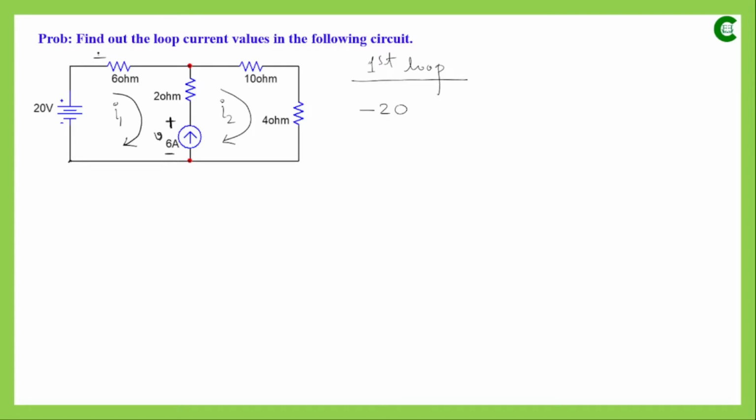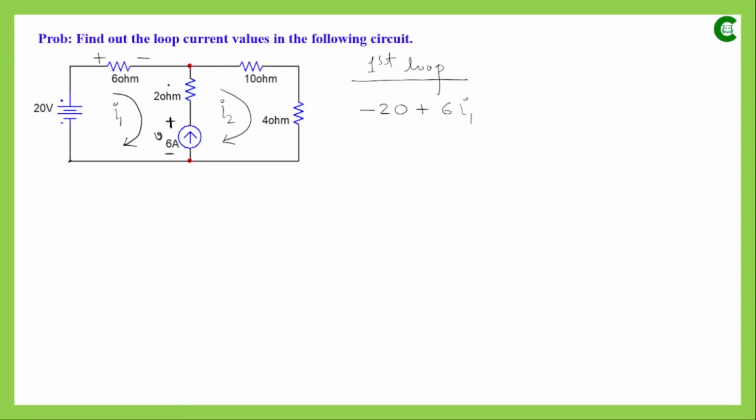Then this will be at higher potential and this at lower potential, so plus 6 I1. Again, this is a common resistor between these two loops, so both loop currents flow through it. It's not only I1 or I2, it's basically the resultant of I1 and I2.